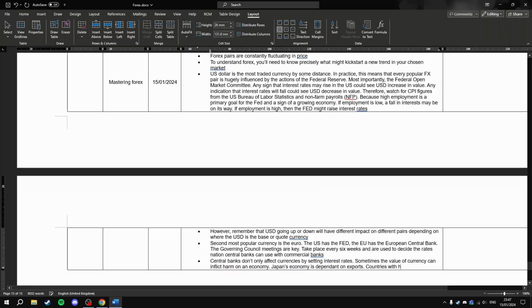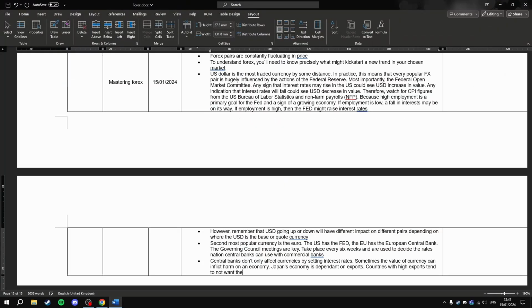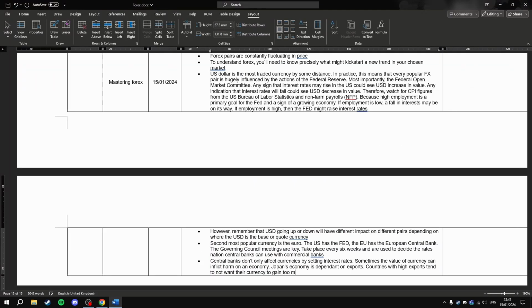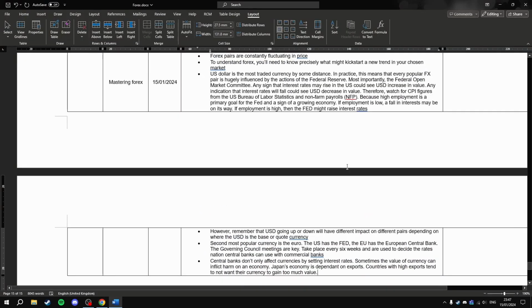Countries with high exports tend to not want their currency to gain too much value, as the exporters will make less money.